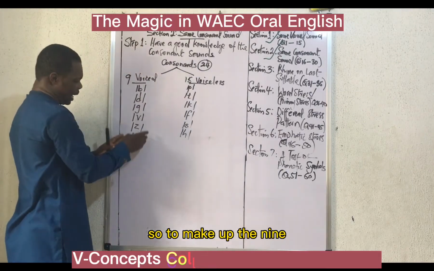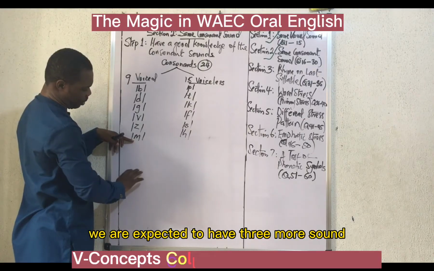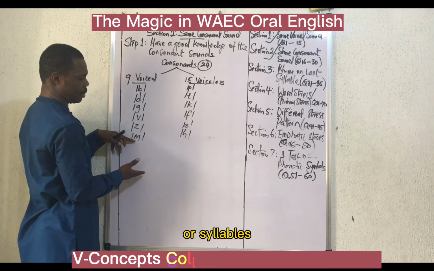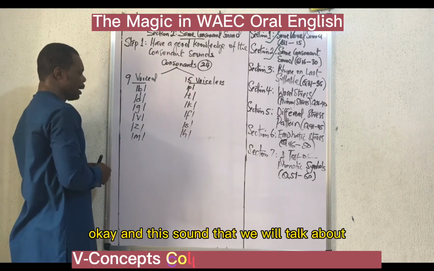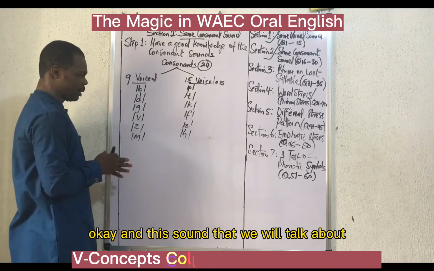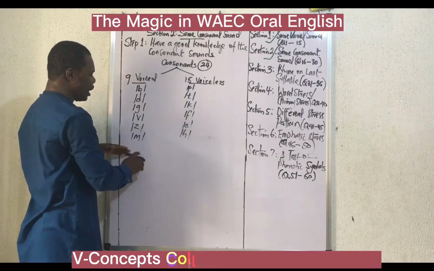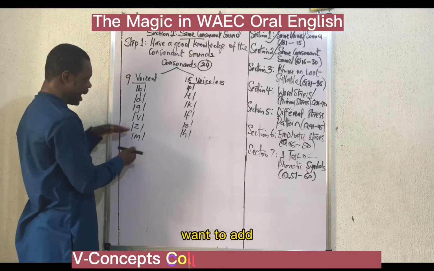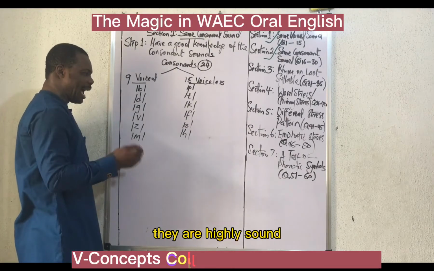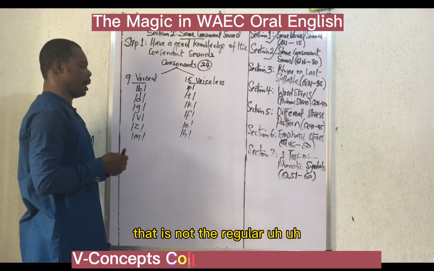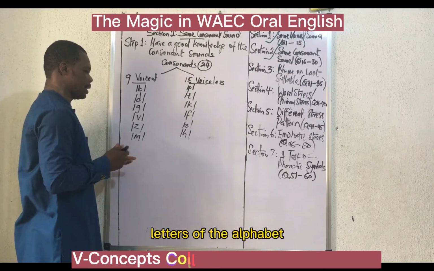So to make up the 9, we are expected to have 3 more sounds or symbols. These sounds that we're going to talk about are hybrid sounds. If you look at this one, they are just letters of the alphabet. But these other 3 sounds that we want to add now to make up this 9 are hybrid sounds. That is, they are not the regular letters of the alphabet.